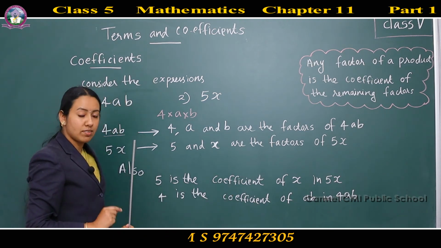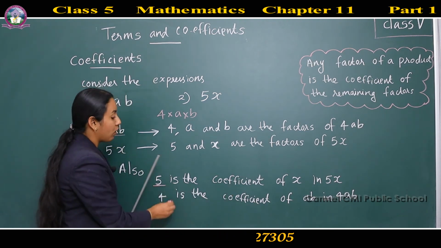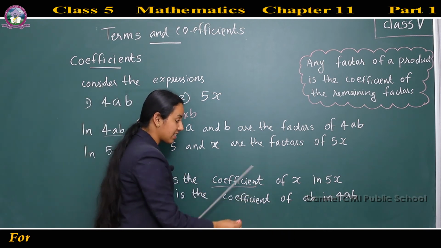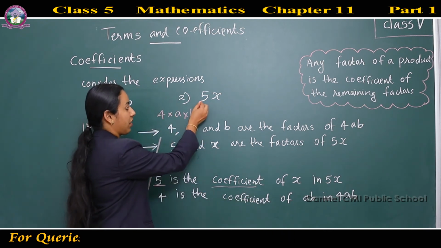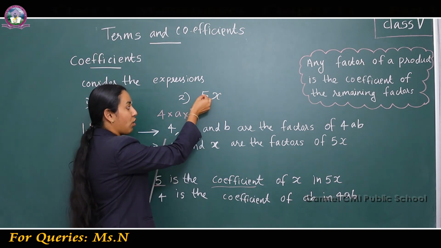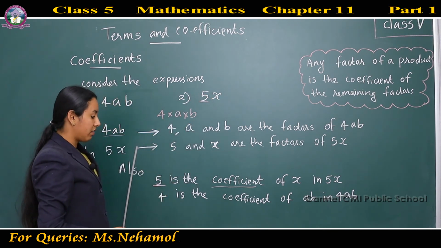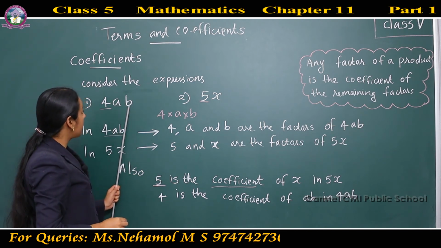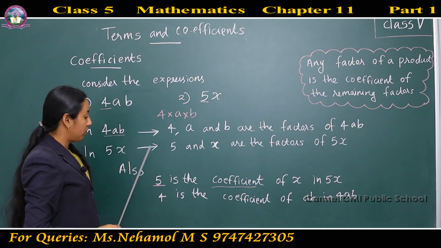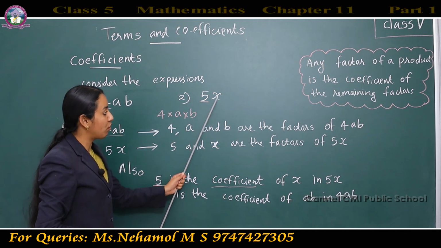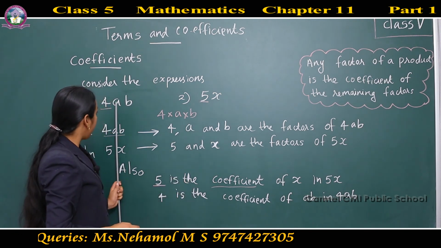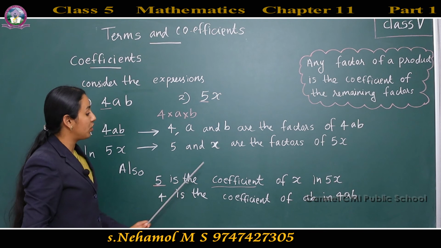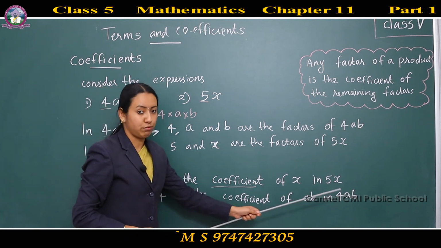Also, we can say that 5 is the coefficient of x in 5x and 4 is the coefficient of ab in 4ab.